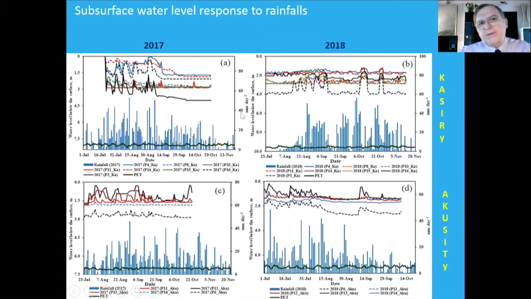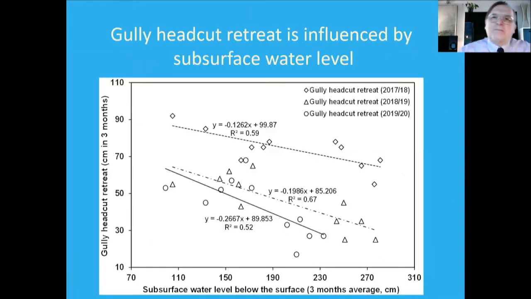And you can see from here the decaying fluctuation of the water level in the soil. So these data led us to produce this diagram. In this diagram, we can see that with the level of the subsurface water approaching the surface, that is approaching saturation condition throughout the whole profile of the soil, we have more gully head retreat.